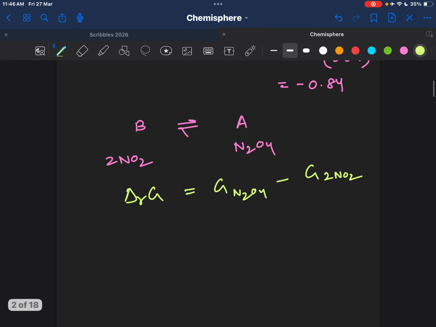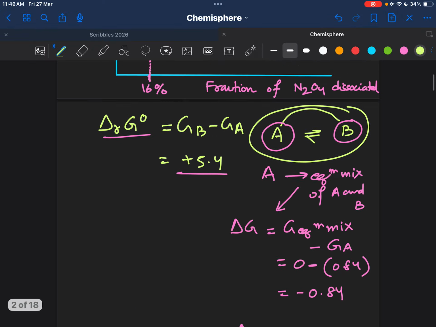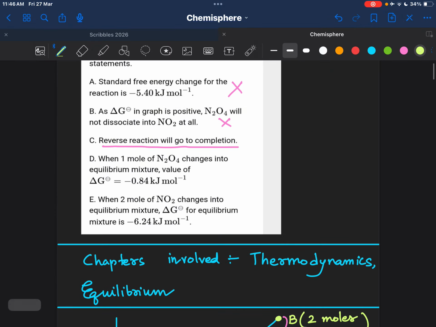That's why it will be minus 5.4. This tells us that every amount of B will convert into A, but that is not going to happen because this is a reversible reaction. Instead, 2 moles of NO2 converts into an equilibrium mixture, so it does not go to completion. So this statement is also correct.